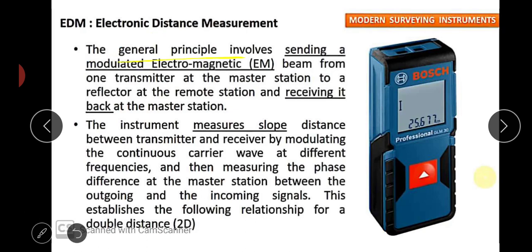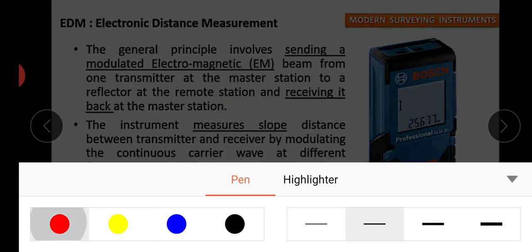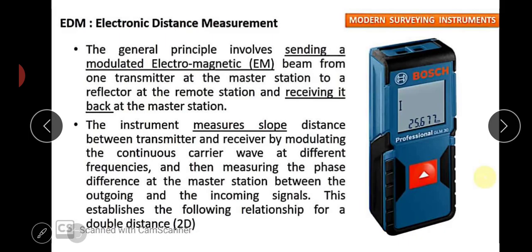That is the principle. The instrument measures slope distance between transmitter and receptor. The receptor is also called a reflector, and the transmitter is nothing but the EDM device. It then measures the phase difference at the master station between the outgoing and the incoming signals.